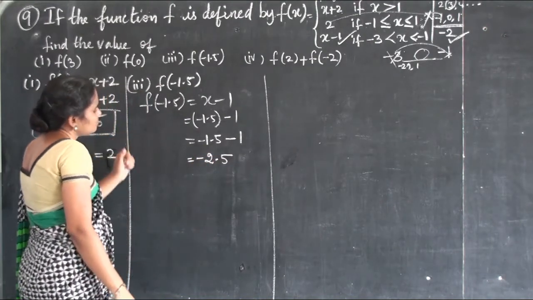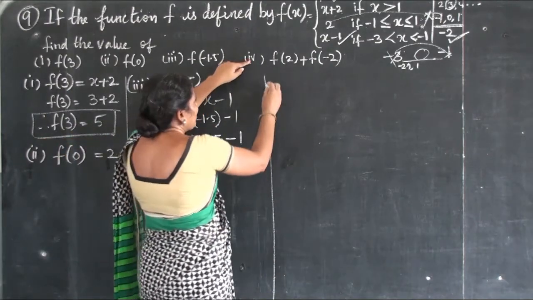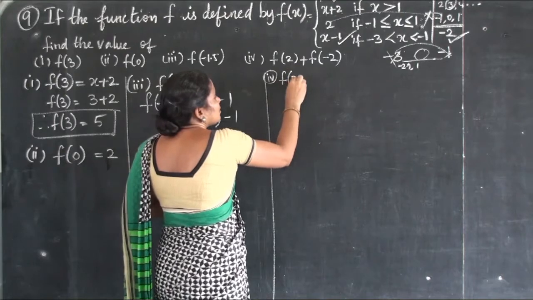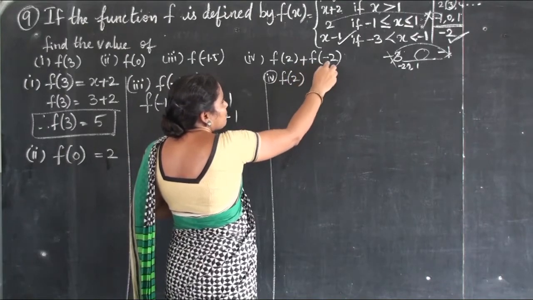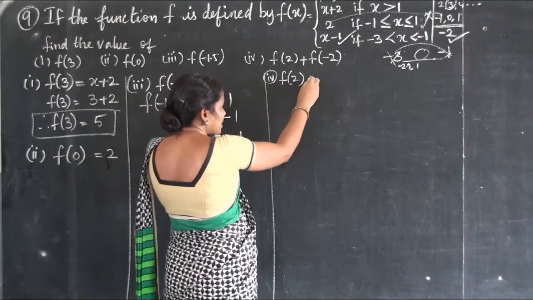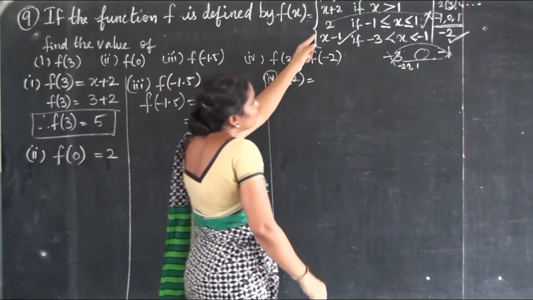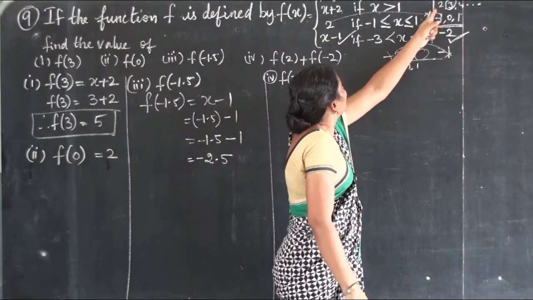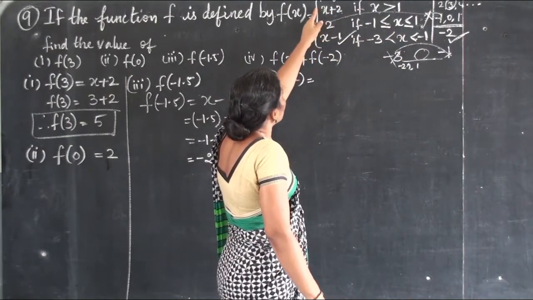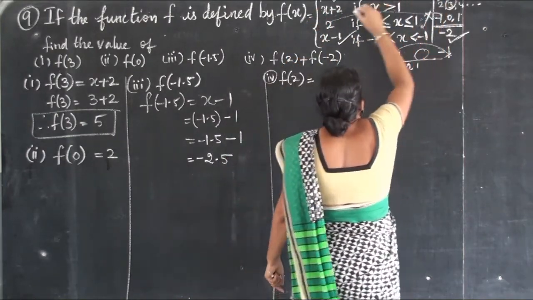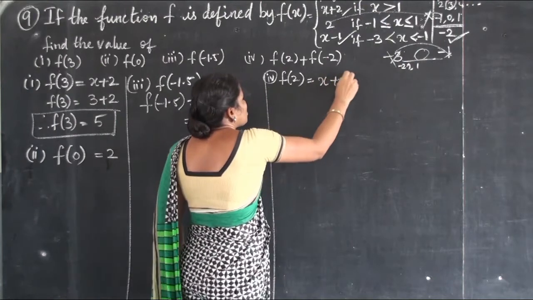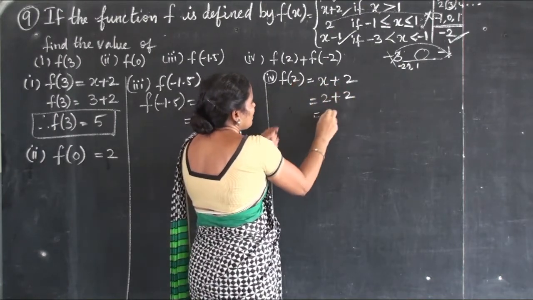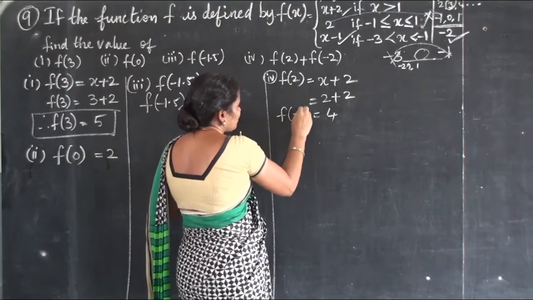Okay. And next question number 4, f of 2 plus f of minus 2. What is f of 2? Where does f of 2 lie? f of 2 lies in the first equation. So x plus 2, 2 plus 2 is equal to 4, f of 2.